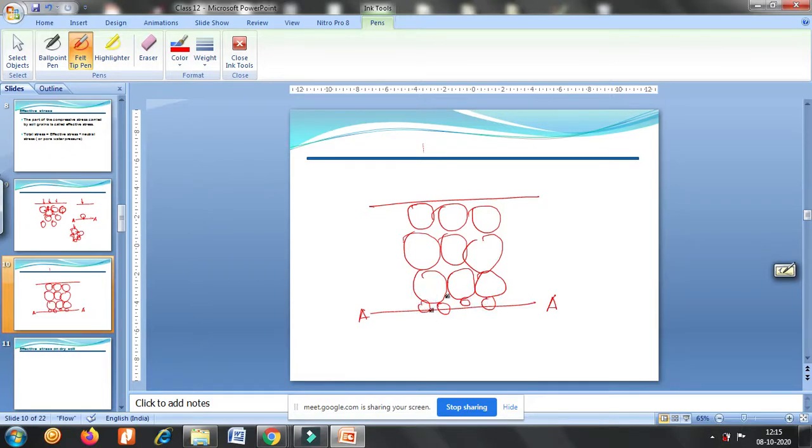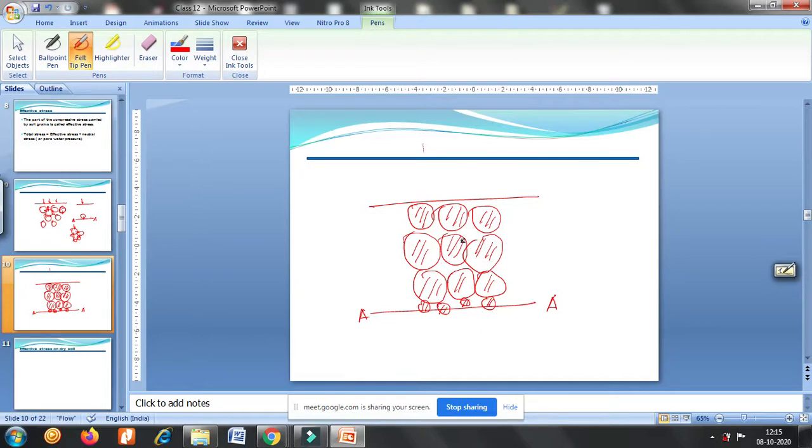These are the soil grains. All are the soil grains.